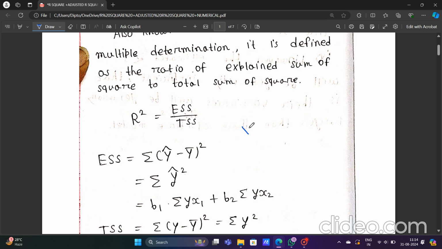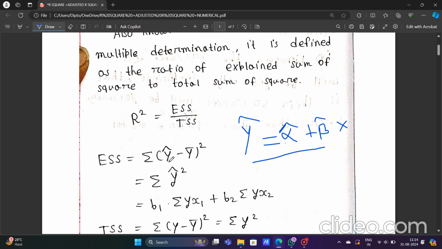Y hat can be further written as alpha hat plus beta hat x. So this is basically the equation of y hat, and this y bar is nothing but the mean value. Now this difference, y hat minus y bar, can be written as small y hat square.